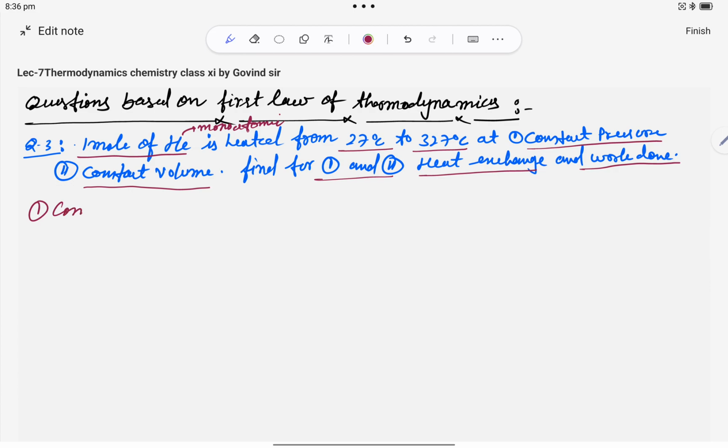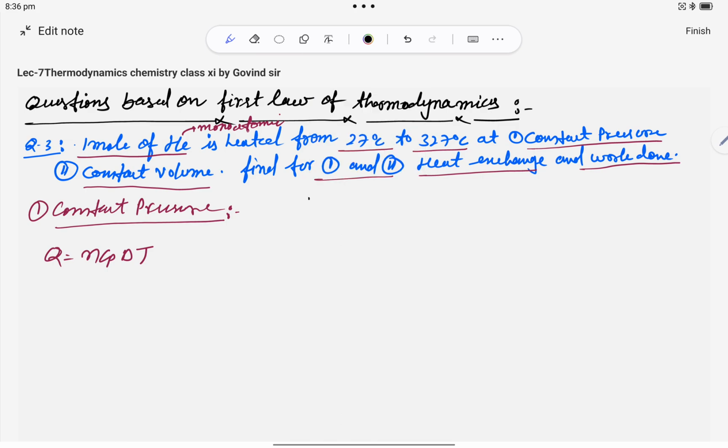First, constant pressure. At constant pressure, children, Q is equal to what? n Cp delta T. In this case Cp is not given, but you can find it. I am telling you how.